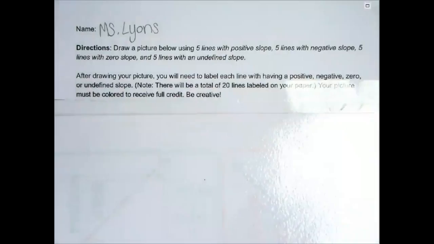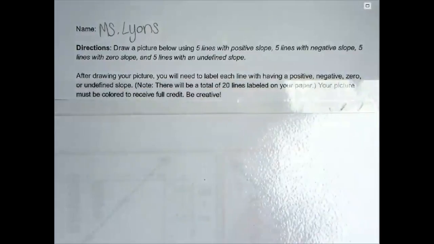Slow down, okay? All right, so the directions: you're going to draw a picture below using 5 lines with positive slopes, 5 lines with negative slope, 5 lines with 0 slope, and 5 lines with undefined slope. So you're going to have a minimum of 20 lines on here.